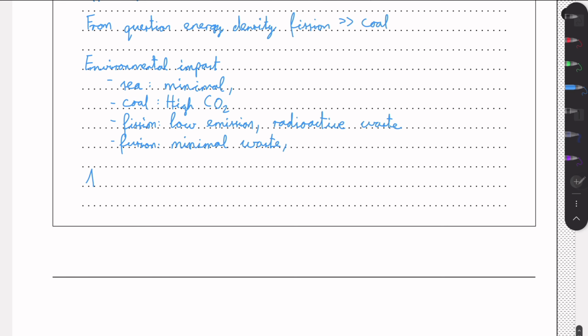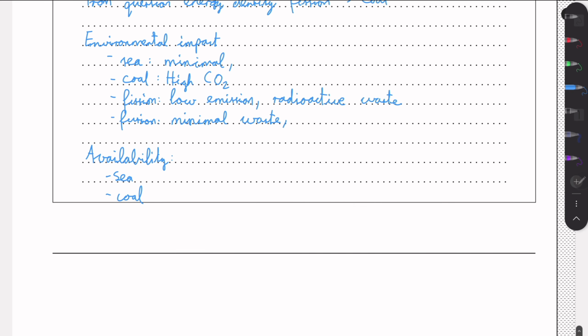And then we can also talk about the availability of these. Again, we had sea, coal, fission, fusion, like this. Well, sea is location dependent.